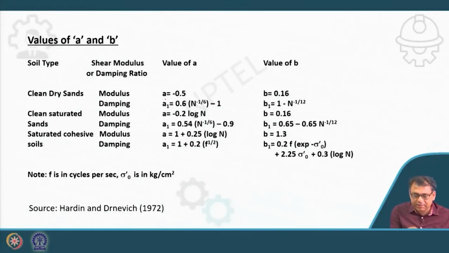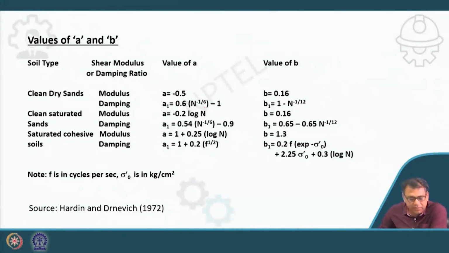For clean dry sand, the A value will be minus 0.5 and the B value will be 0.16, and damping will be 0.6 n to the power minus 16 minus 1, where n is the number of cycles. That means you will take the soil sample and do the test, and you will apply the number of cycles of this cyclic load. So the n value is the number of cycles.